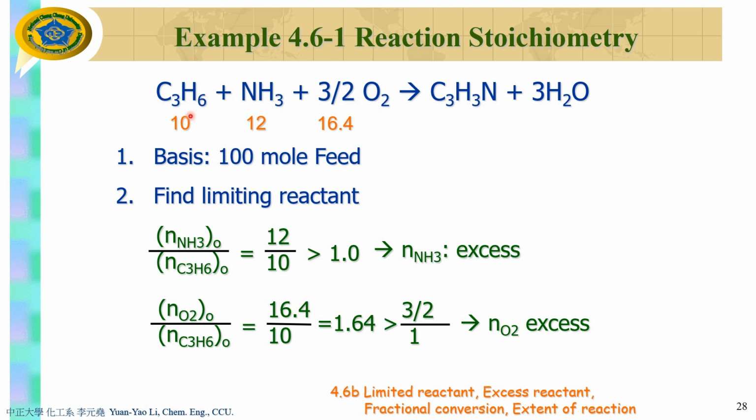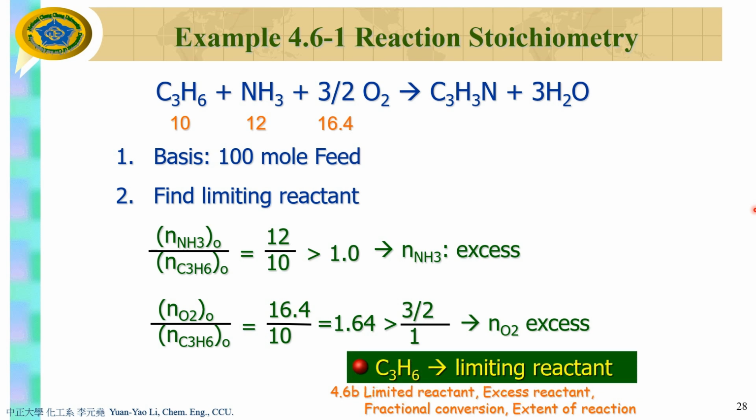If you don't know, you just use the stoichiometric coefficient or stoichiometric ratio to compare which one is the excess reactant, which one is the limiting reactant. So you know that this is more expensive, this is the limiting reactant. So C3H6 is the limiting reactant.